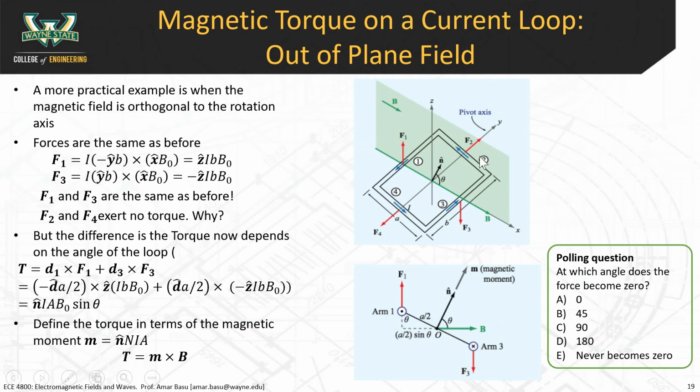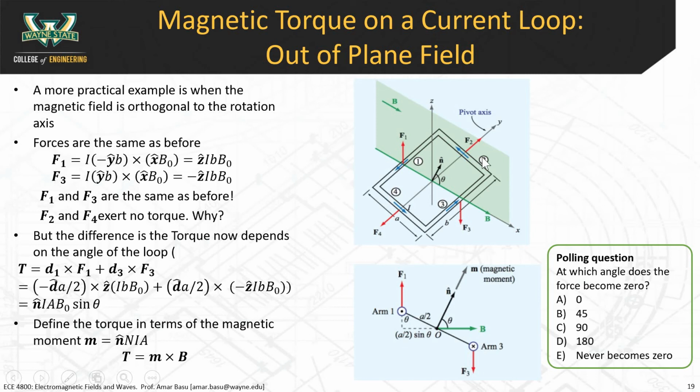The loop will rotate about the axis because of the torque, but as it's rotating, it turns out that the torque is actually going to change depending on the position of the motor. This is a very simple motor where you have a single magnetic field and a single loop of current. And so let's see what happens.